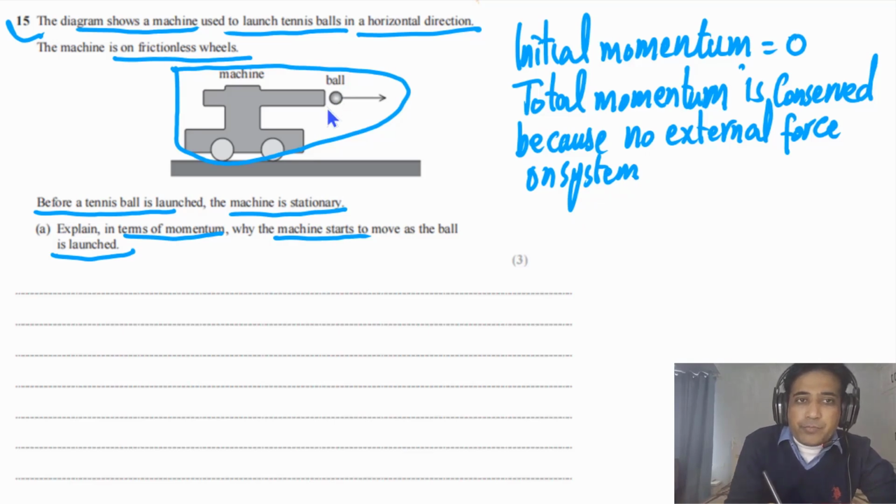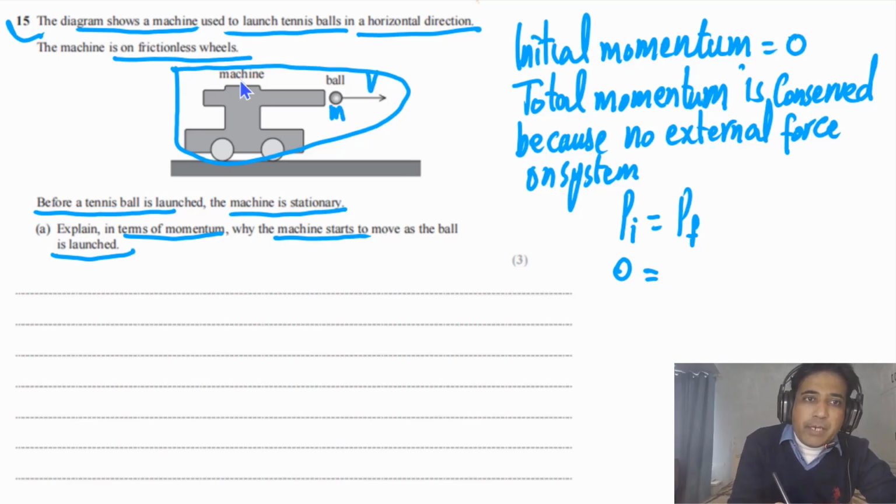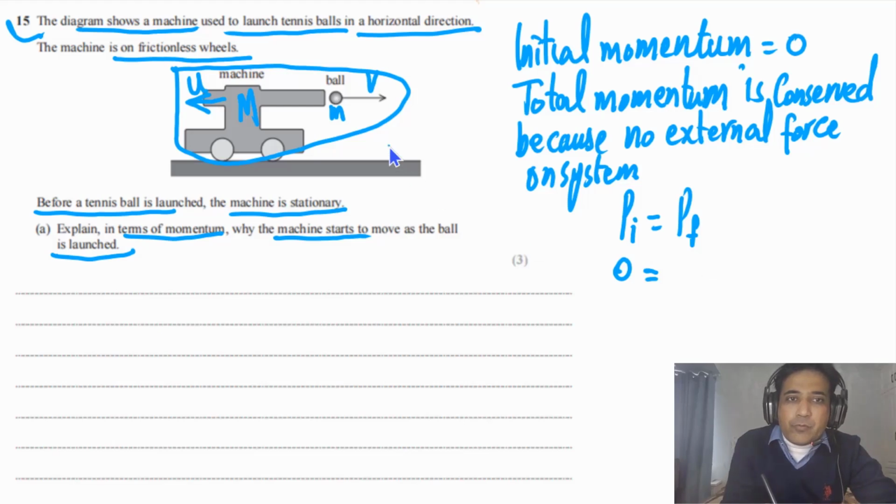Now if this ball, due to internal force, goes to the right, it gains momentum to the right, so the machine has to gain momentum in the opposite direction. So it simply means that initial momentum has to be equal to final momentum in this case. So initial momentum is equal to 0. Let's say the mass of this ball is m, the speed of this ball is v, the mass of this machine is capital M, and the speed of the machine in the opposite direction is u. We can take to the right as positive.